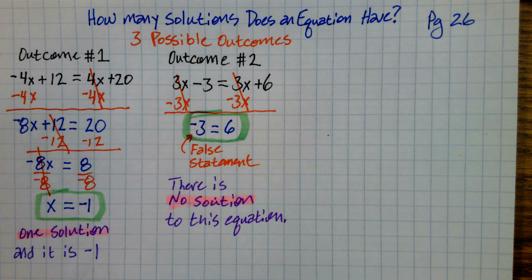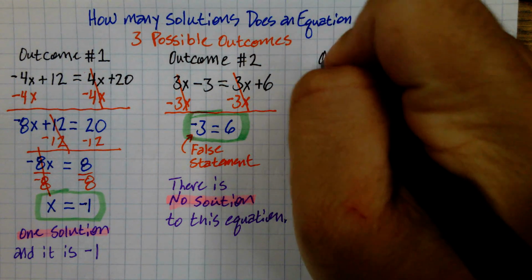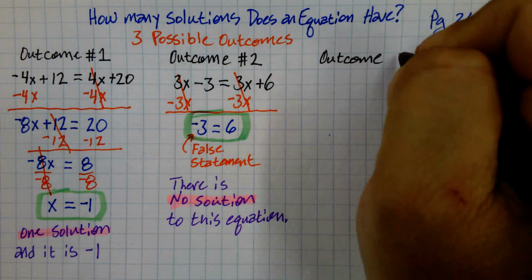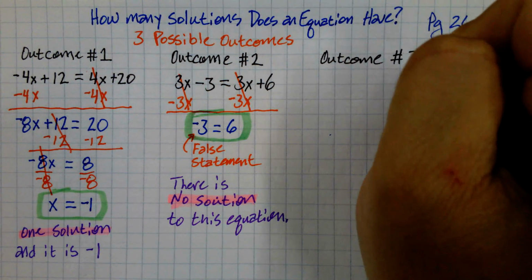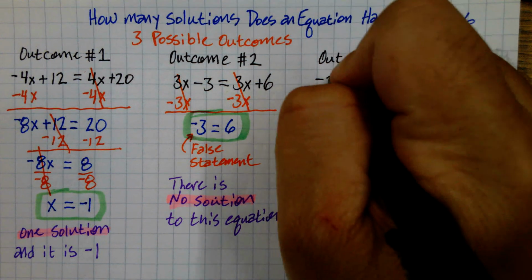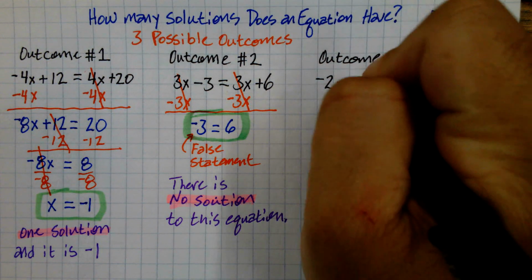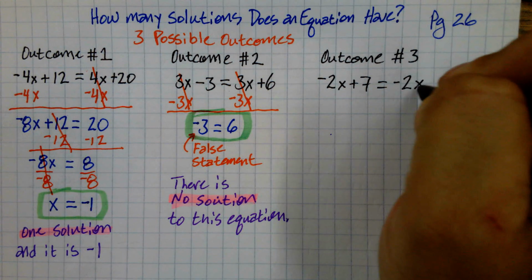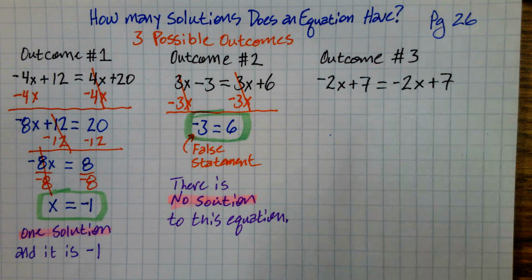Here's the third possible outcome. Outcome number 3. Okay, so in outcome number 3, I'll give you an equation like this. Negative 2x plus 7 equals negative 2x plus 7.